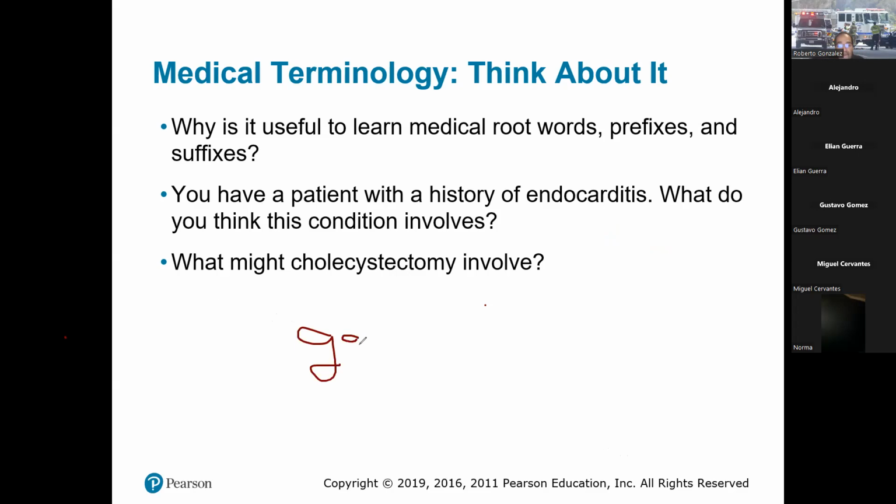Gastro. And I can guarantee you, some of you have actually had it. So this gastroenteritis.